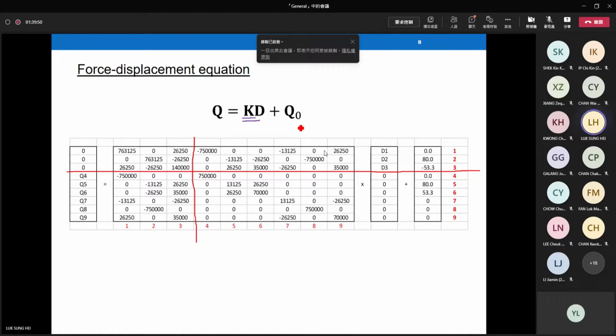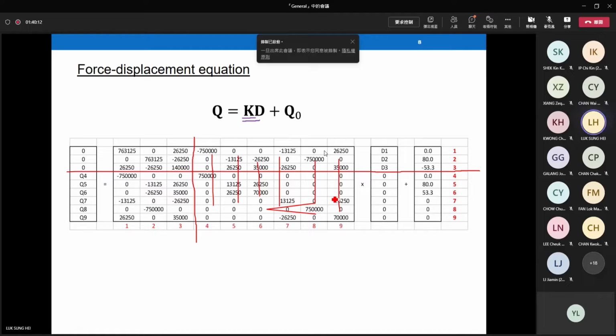Then you can see the expression again. Column 4, column 5, column 6, up to column 9, they are always multiplied by 0. So that's why they are redundant, they are useless.